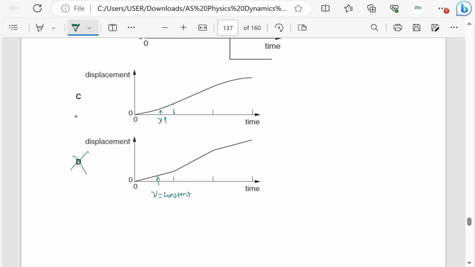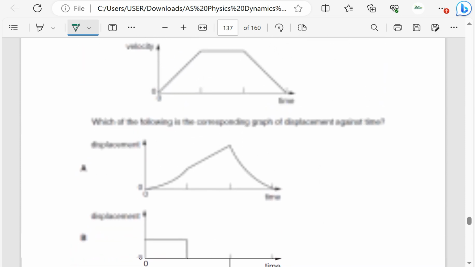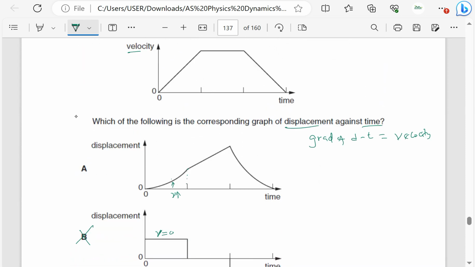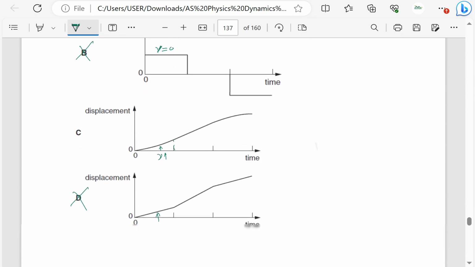So we also ignore this one because on the velocity time graph, the velocity is increasing uniformly, yet this is a straight line. For the second part, the velocity is constant. That should be a straight line for a displacement time graph. So this one is showing velocity is constant, which is fine. Of course, I've eliminated B, I will not look at it.